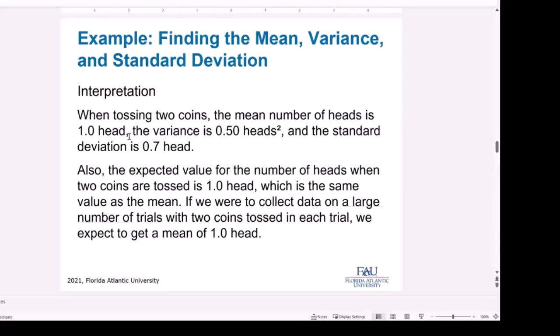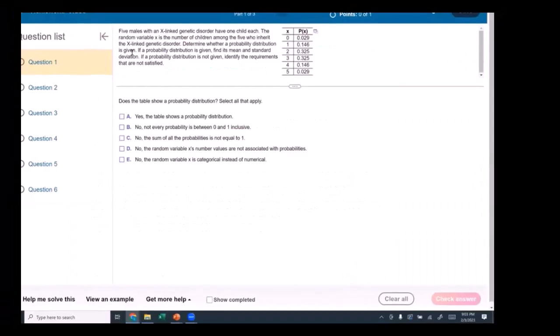And the standard deviation, we got 0.707, and here we have 0.7, but they rounded to 1 decimal. Also, the expected value for the number of heads when 2 coins are tossed is 1 head, which is the same value as the mean. If we were to collect data on a large number of trials with 2 coins tossed in each trial, we would expect to get a mean of 1 head.